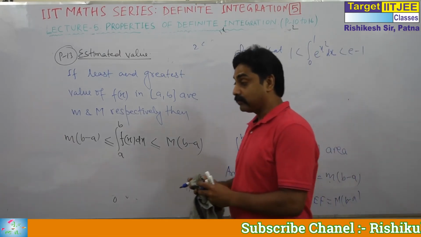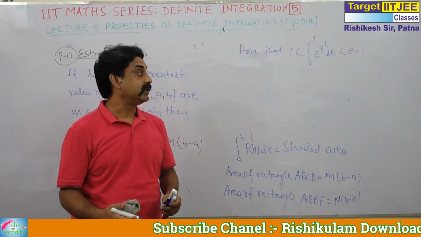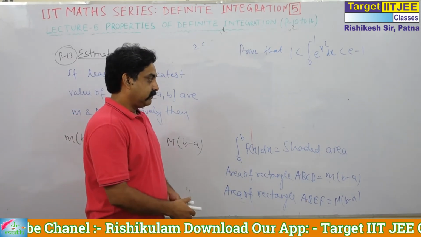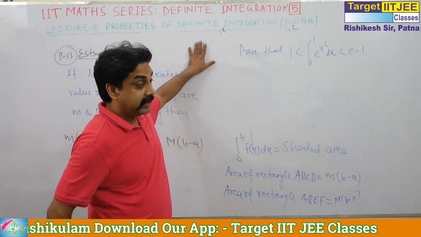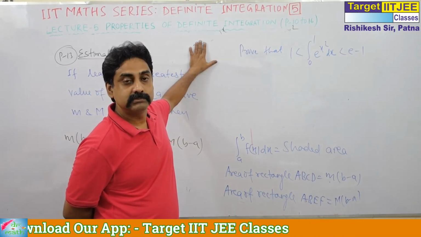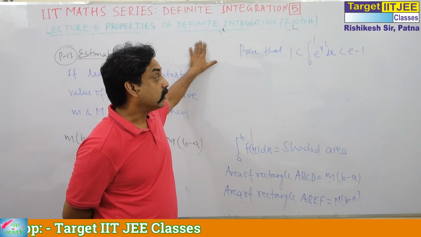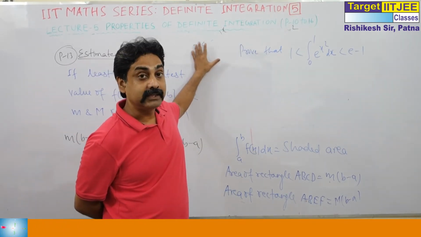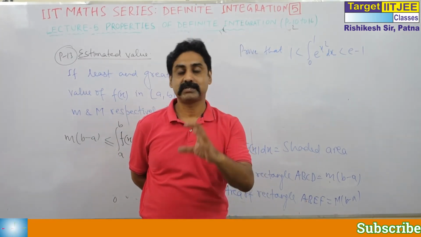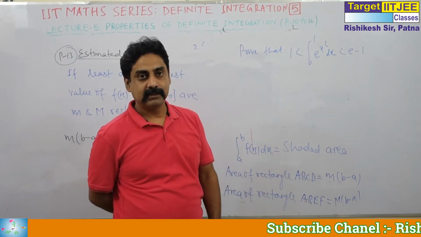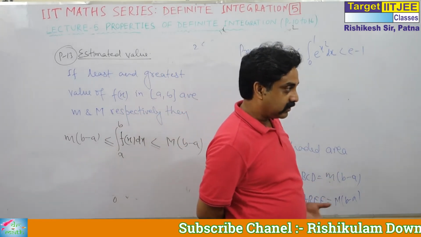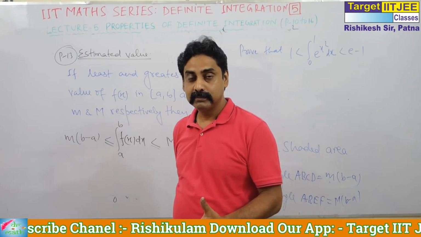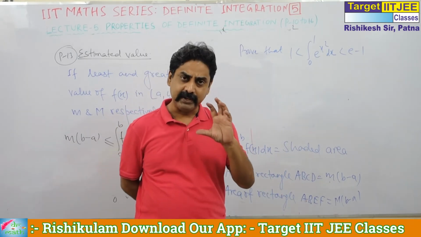There are a lot of ways to estimate the value. Mathematics and physics have done a lot of work on estimated value, because you can't integrate every function, and for practical situations, estimated value is a must. In engineering college or BSc mathematics, you will go through Simpson's rule and the trapezoidal rule, where we estimate the value.